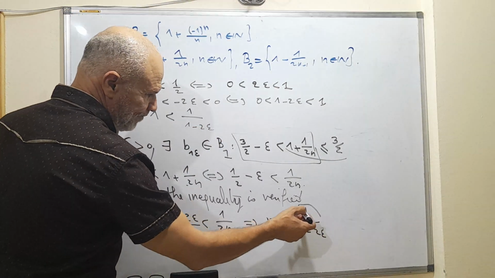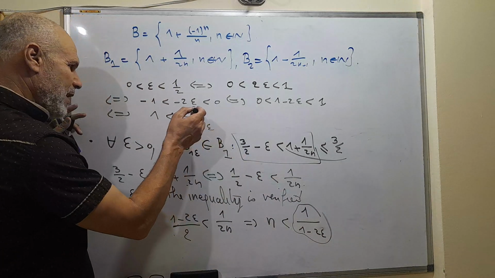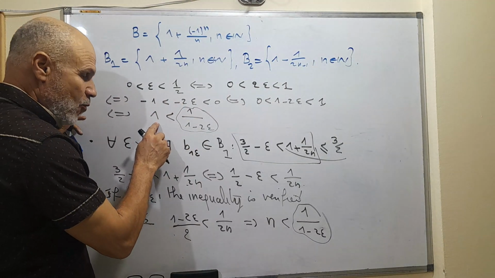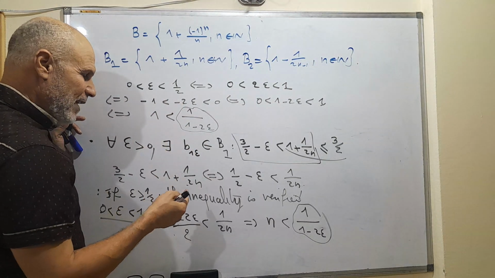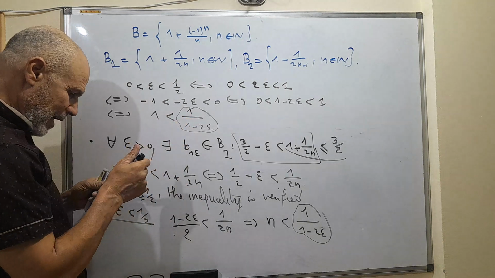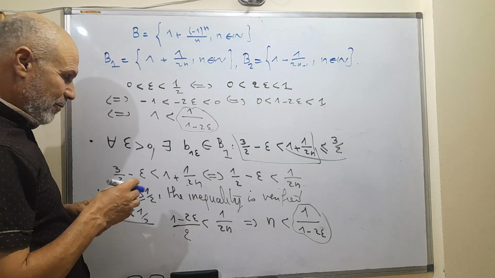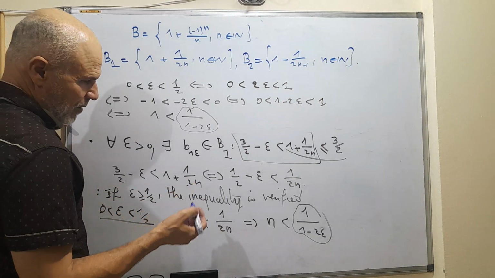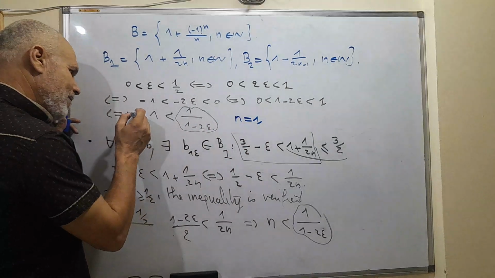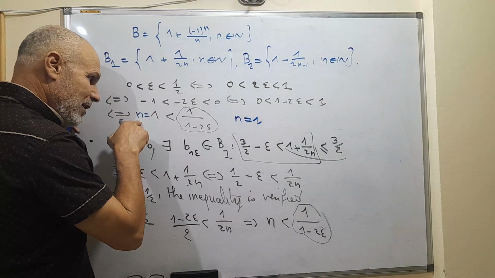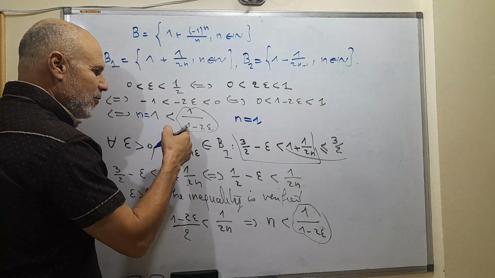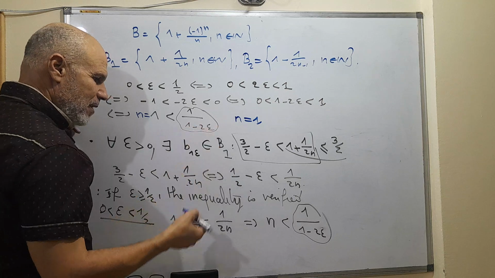So this value is strictly greater than 1. Can we find a natural number which is less than this value? The answer is yes, and the candidate is n equal to 1. So n equal to 1 is a natural number, and it is strictly less than 1 over 1 minus 2 epsilon.